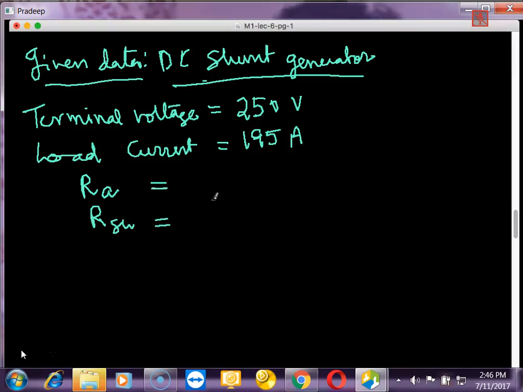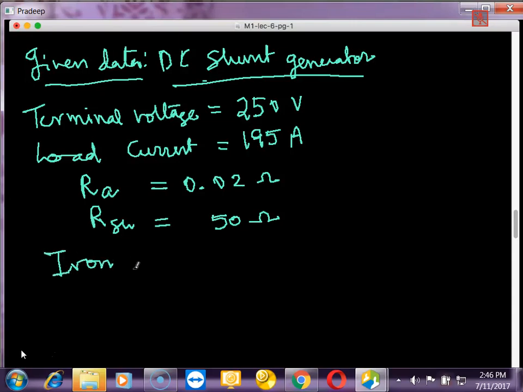So what are these values? The armature resistance is 0.02 ohms and shunt field resistance is 50 ohms. So this data is given, and further data is given. Iron and friction losses equal to 950 watts.